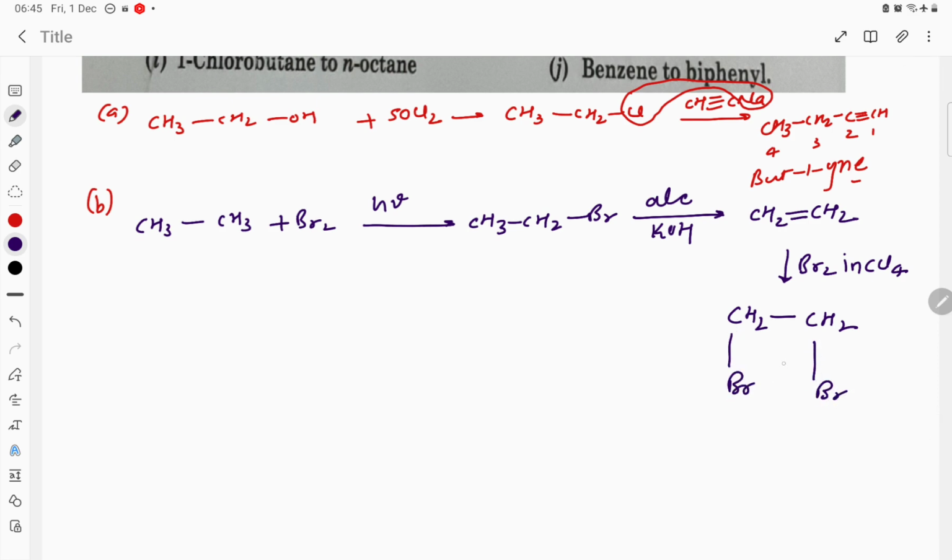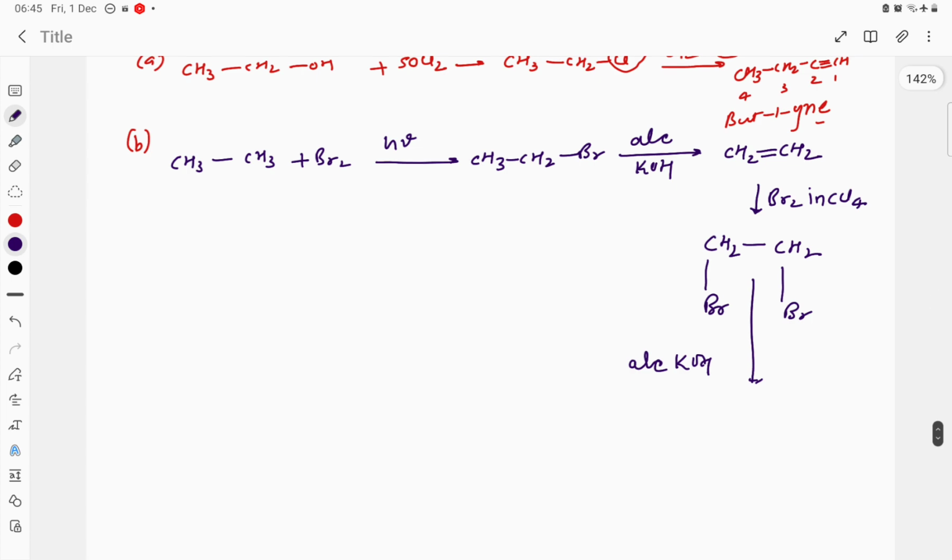Now you need to treat this with another alcoholic KOH, but you need to avoid aqueous KOH, you need not take that. So minus H2O and minus KBr also, alcoholic KOH you take.